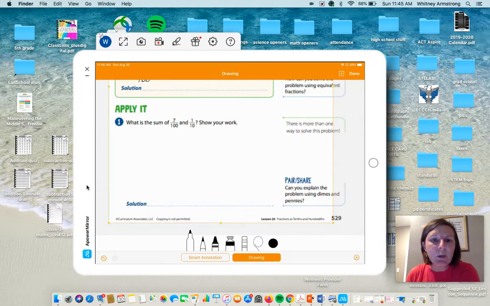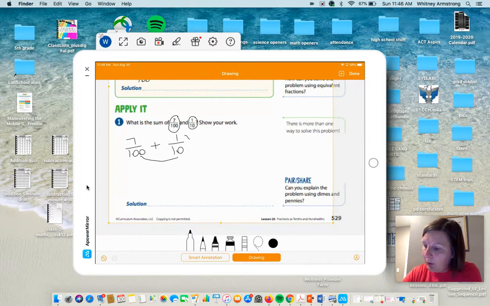This one says, what is the sum of 7/100ths and 1/10? Show your work. So I'm going to start. I'm going to circle what's important. 7/100ths is important. 1/10 is important. So I know that I need to add these two together. 7 over 100 plus 1/10. But I know my denominators are not the same, and they have to be.